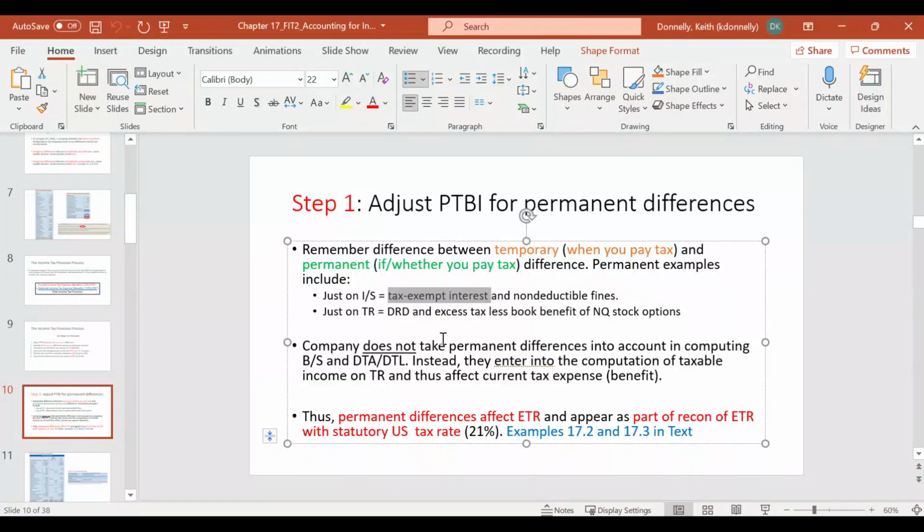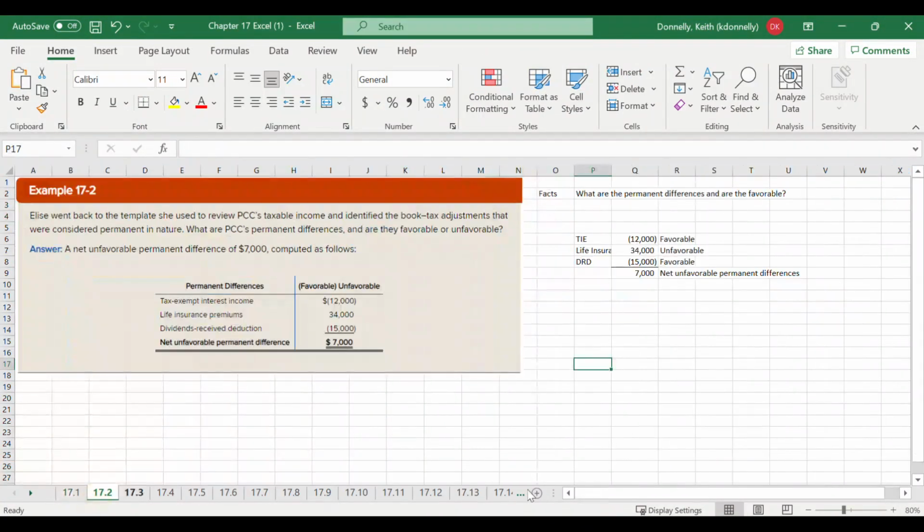And the idea here that we'll see in the third video is that it will affect the ETR, the effective tax rate, and we have to use the perm differences when we do our recon from our statutory rate to our effective tax rate. Again, this might be better to watch this video, then watch video 3 and come back and see this again. So let's look at 17.2 here.